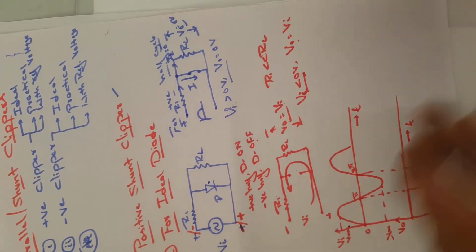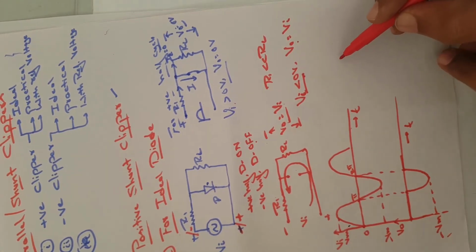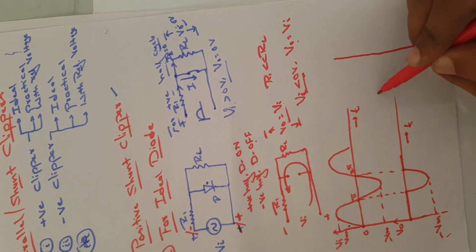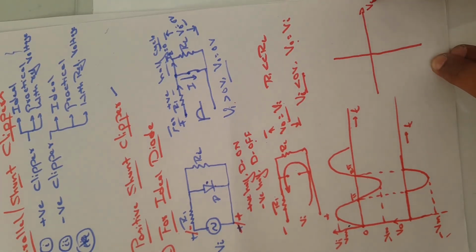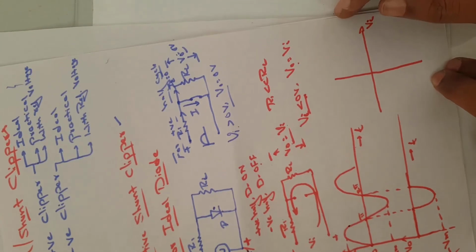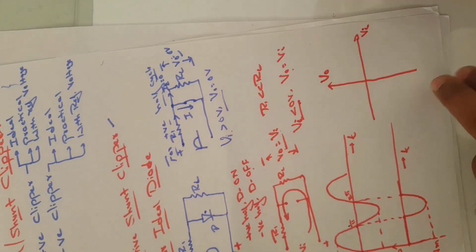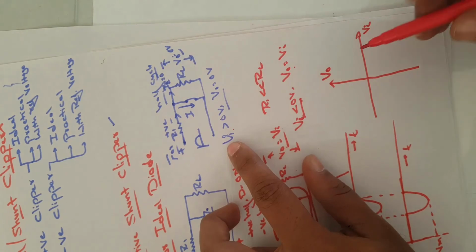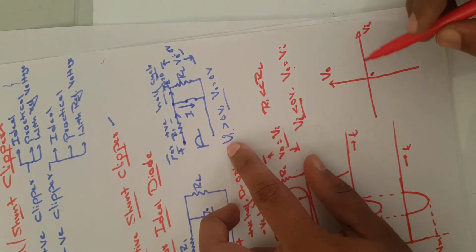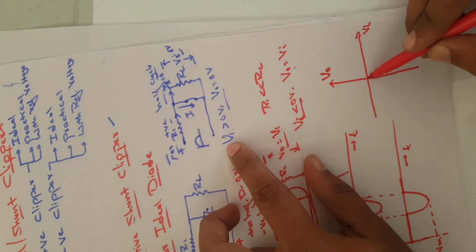Let us go for the transfer characteristics. The x-axis represents the input voltage, and the y-axis represents the output voltage. So when Vi is more than 0, this is your origin, on this side, V0 is also 0.